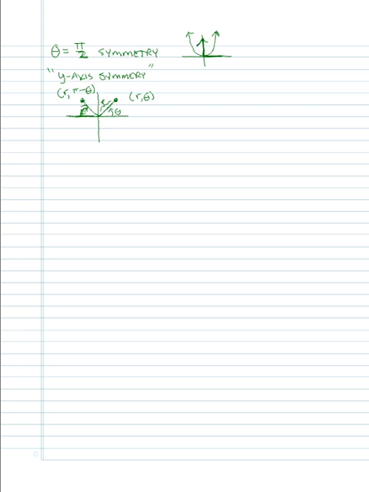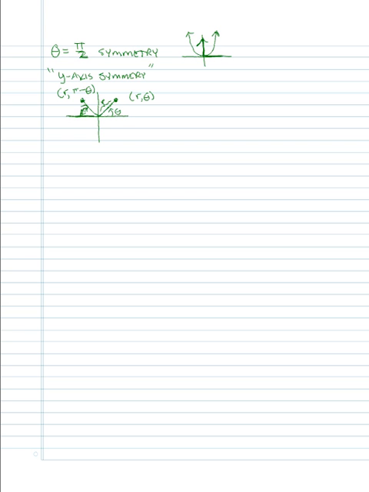So to show that a graph is symmetric about the y-axis, it means if we know a point r comma theta, here's what it means: if we put the angle theta into the function, we get the same value as if we put the angle pi minus theta into the function.